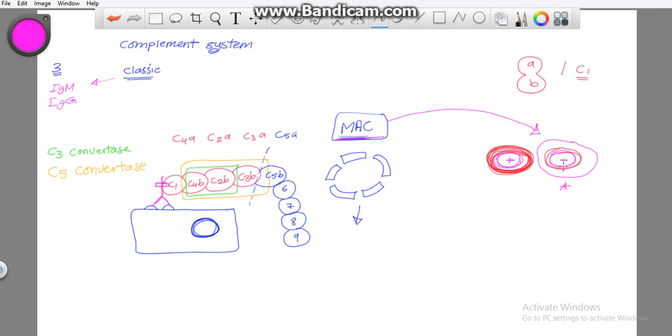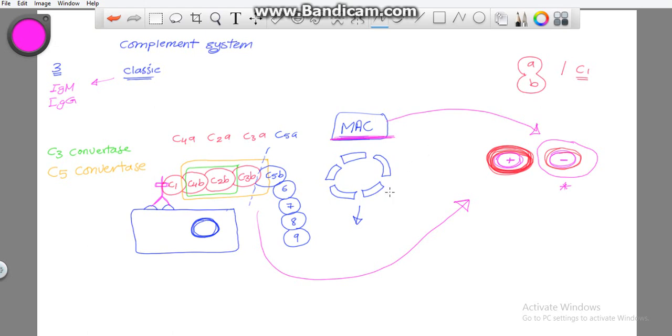Now, when we have a deficiency here, why can we still kill gram-positive bacteria? Or how can we kill gram-positive bacteria without the use of the membrane attack complex?